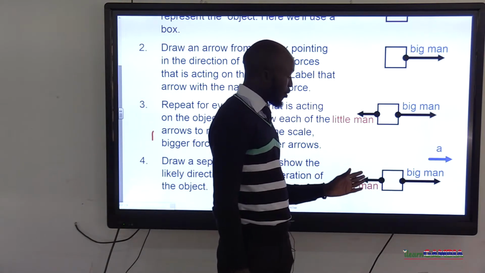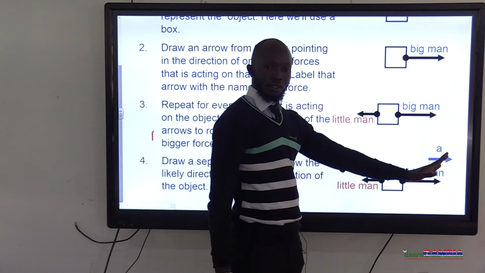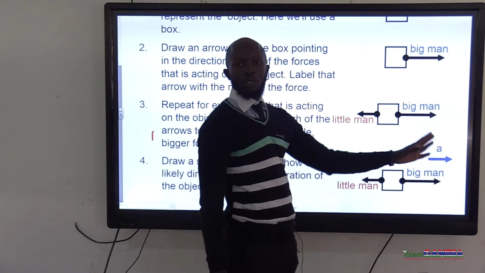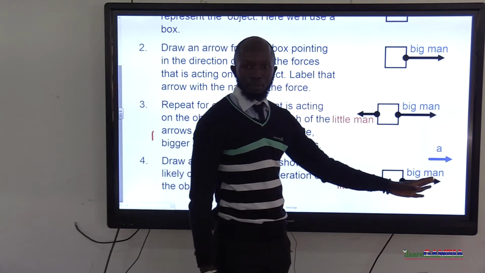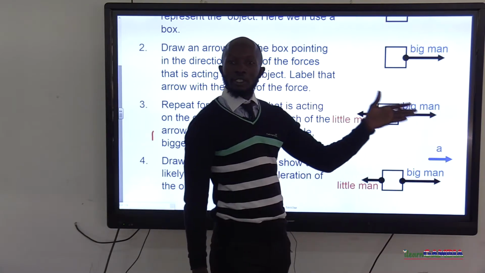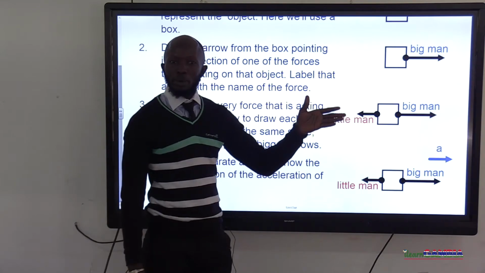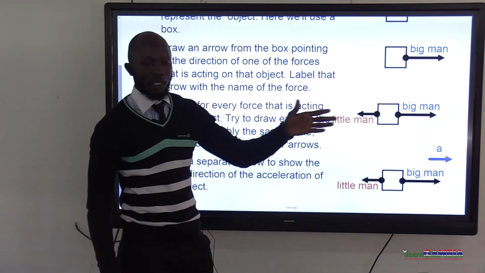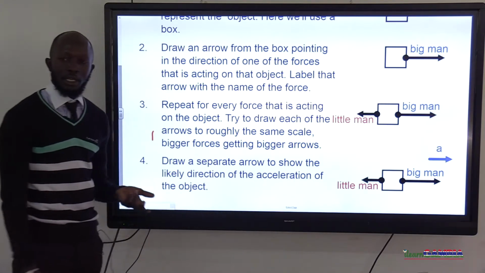Because the big guy is here and is moving the object towards that direction, the direction of the acceleration would also point in that manner. So forces and acceleration point in the same direction. Net forces cause an acceleration which also points in the direction of the force that is actually creating the acceleration itself.